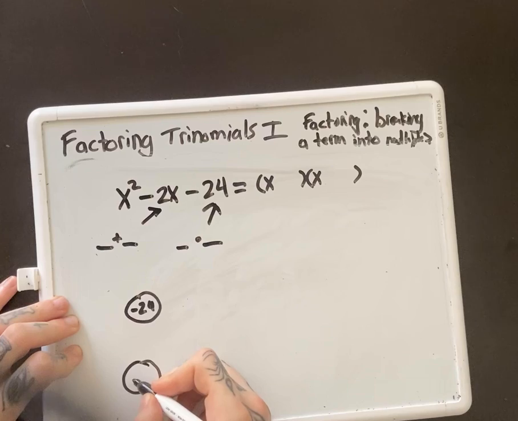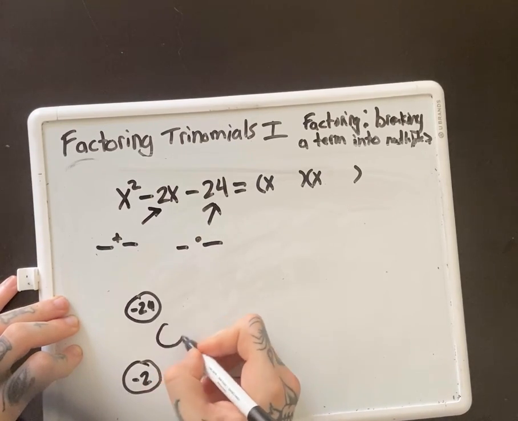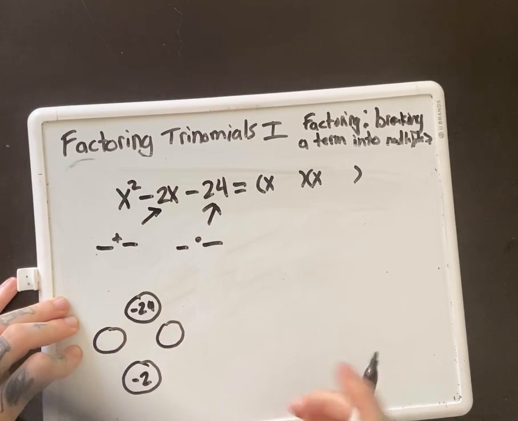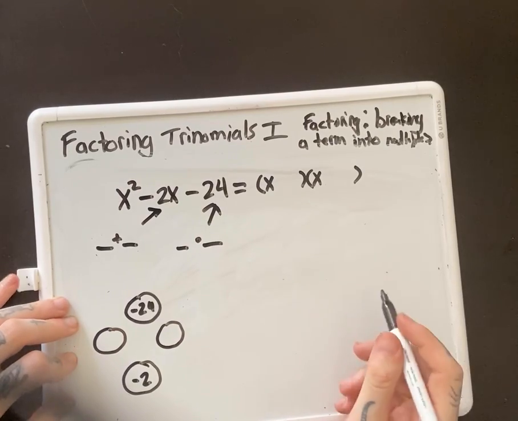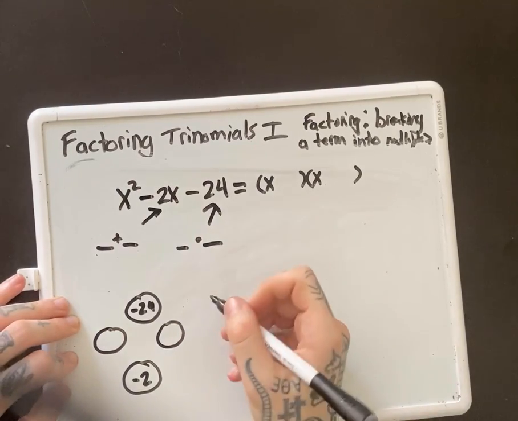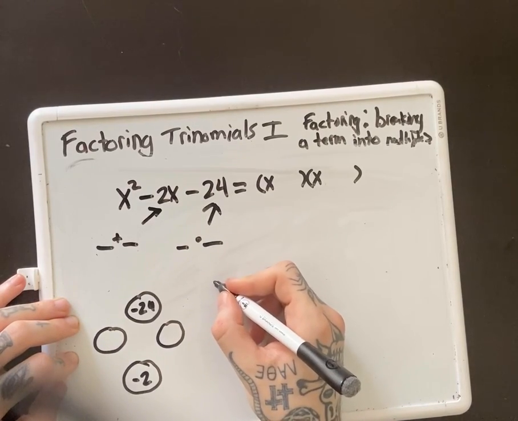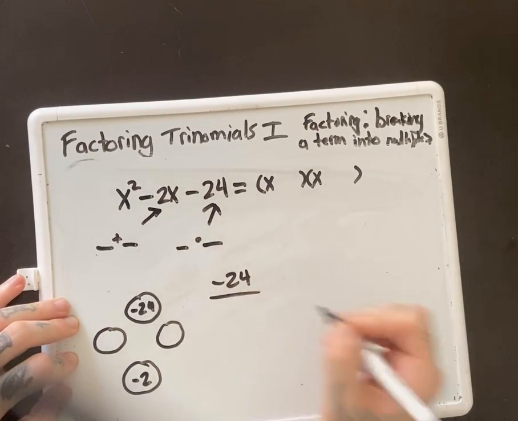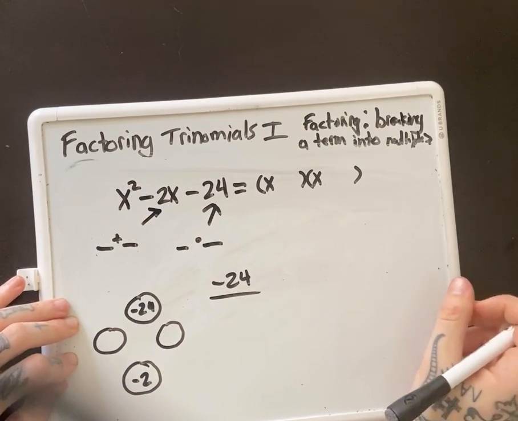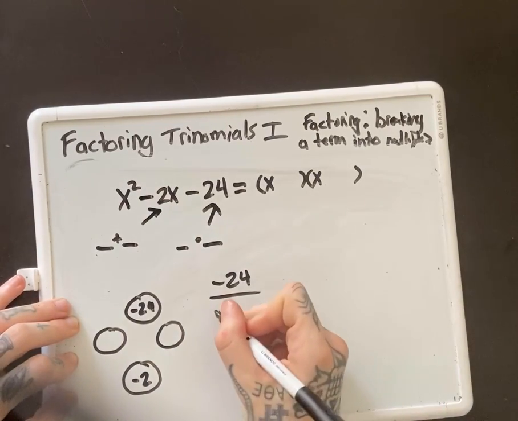You don't have to. Obviously, I don't. But visually, it's helpful for some students. So, negative 24. What multiplies to negative 24?